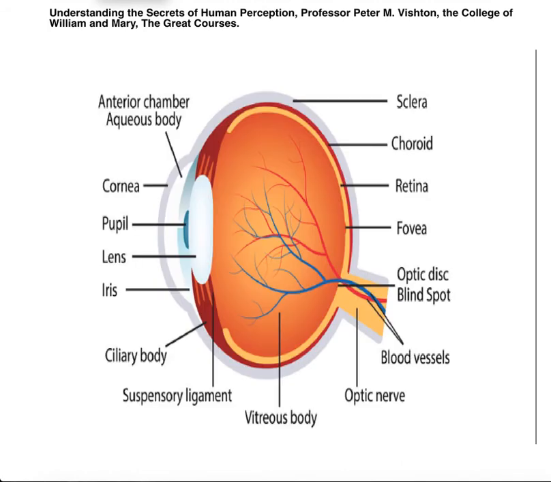This is a graphic of your eye. And it has all of the different parts. You can notice on the left side, you have the pupil and the lens and the iris. And light comes in and it's sent to the back to the retina. Now notice on the left side, you'll see the retina. And as you drop down, you'll see the optic disc where the optic nerve enters from the brain into the eye.